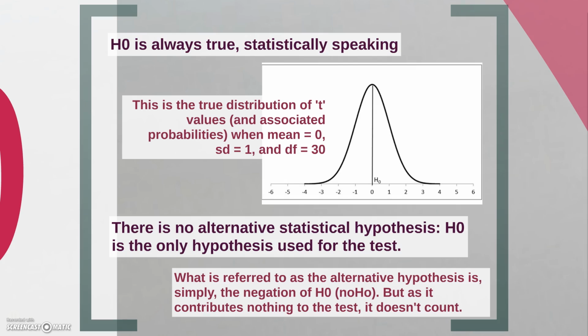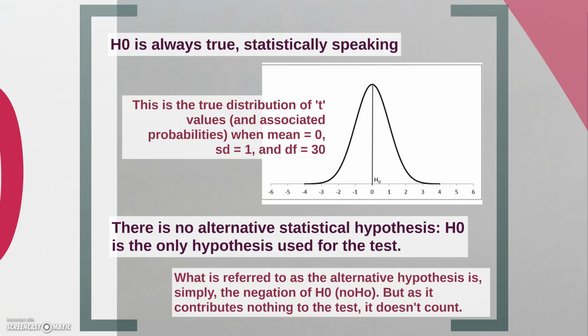This distribution is true. It's generated so that for that particular t-distribution with those particular degrees of freedom, each t-value has that specific probability. So you cannot deny that. So the null hypothesis, statistically speaking, is always true.